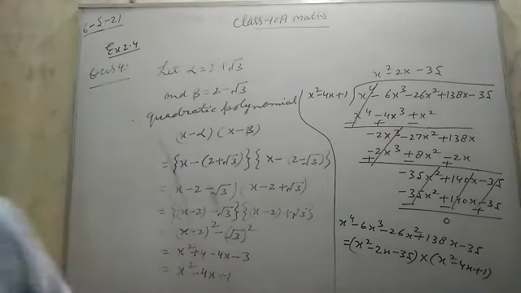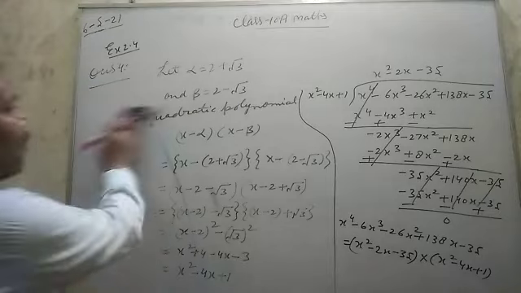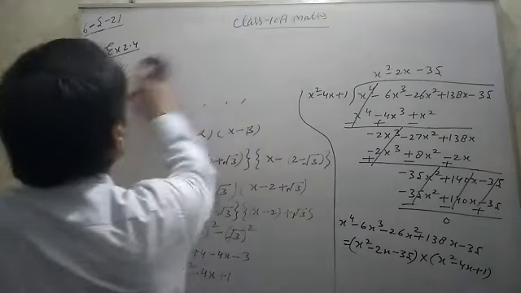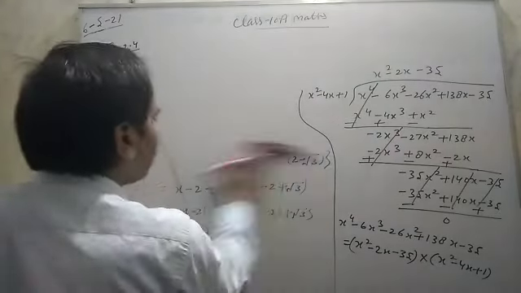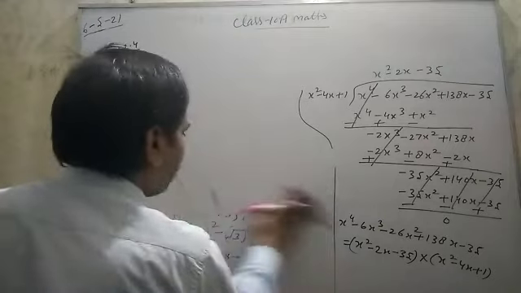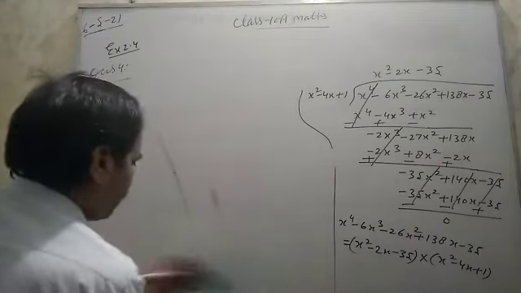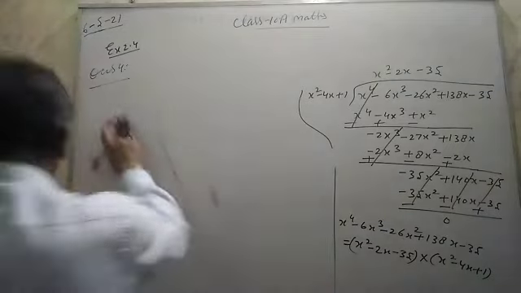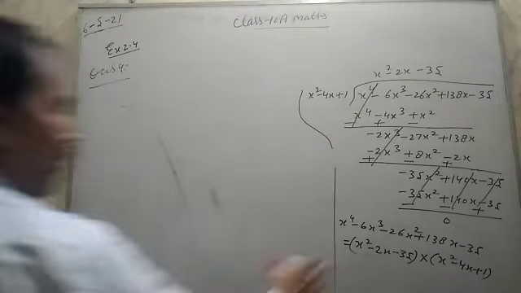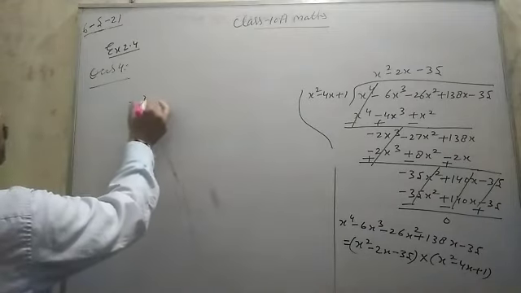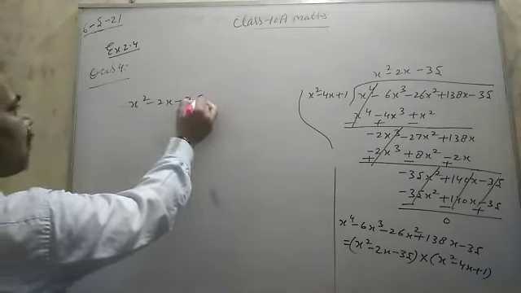So factoring it: x square minus 2x minus 35.